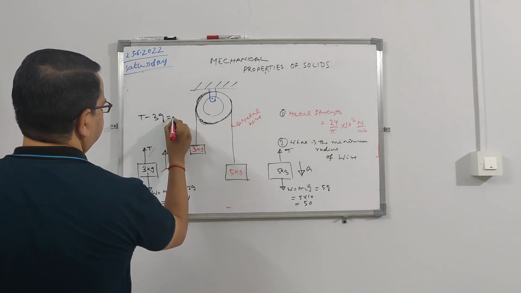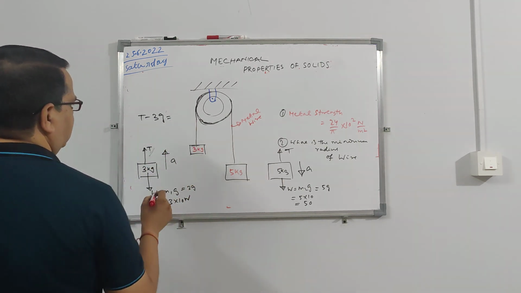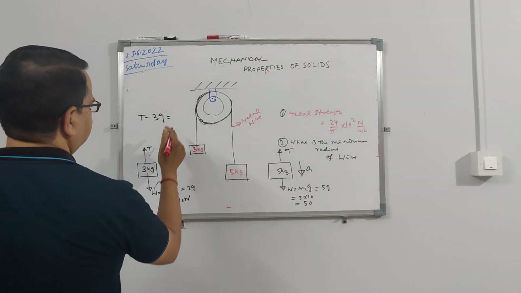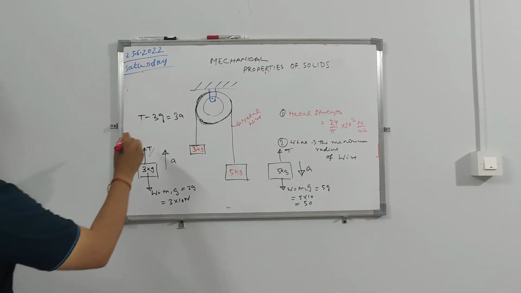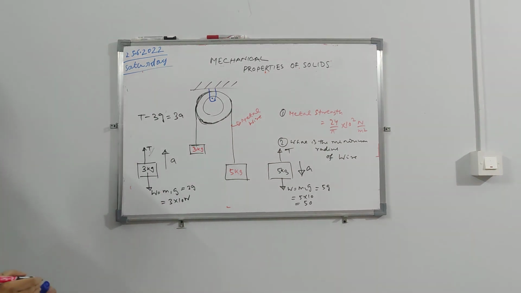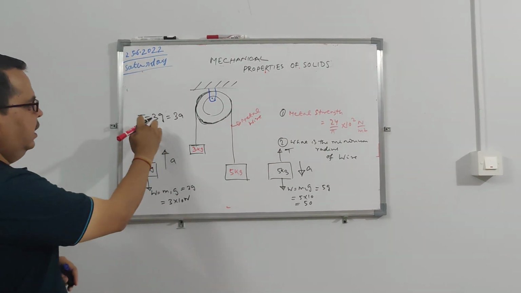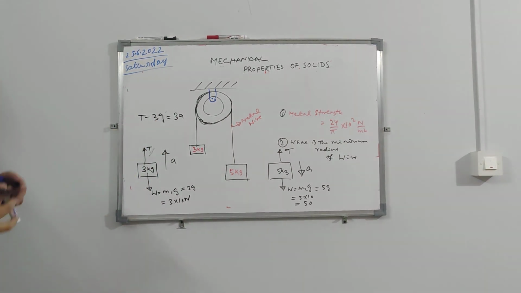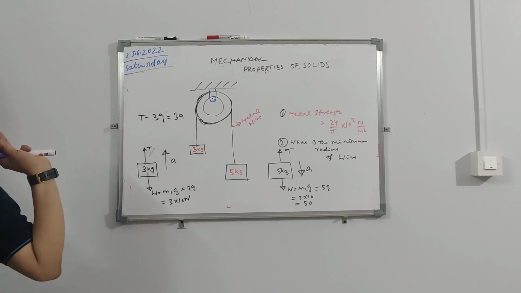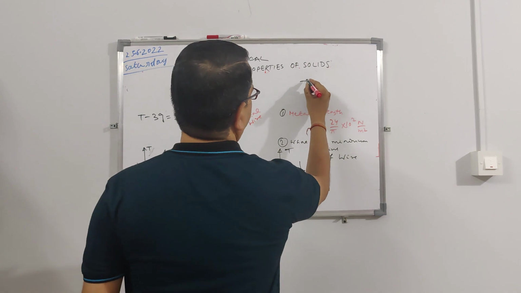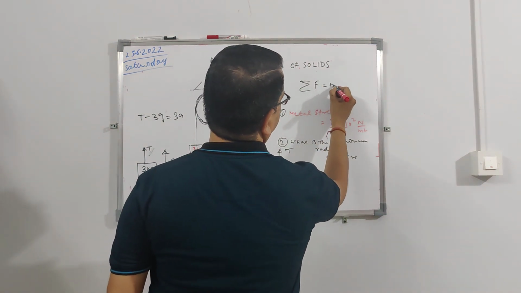T minus 3g is equal to 3a, because this is the effective force. 3g is the weight, T is the tension, and you know that net force is equal to mass into acceleration.